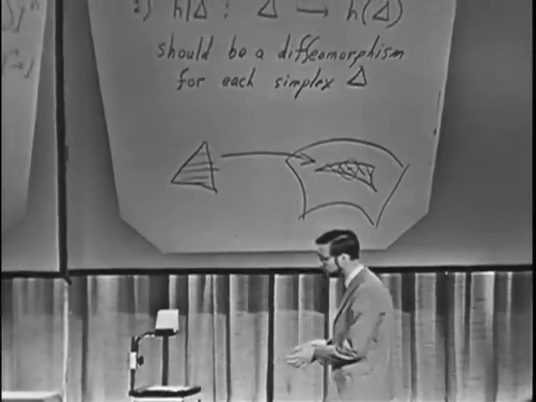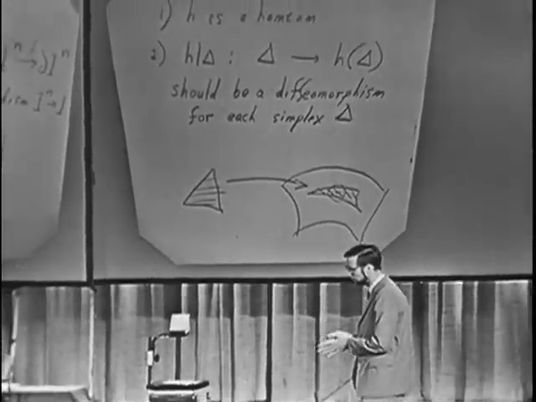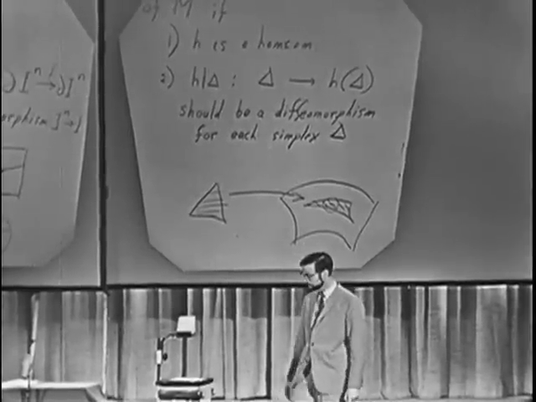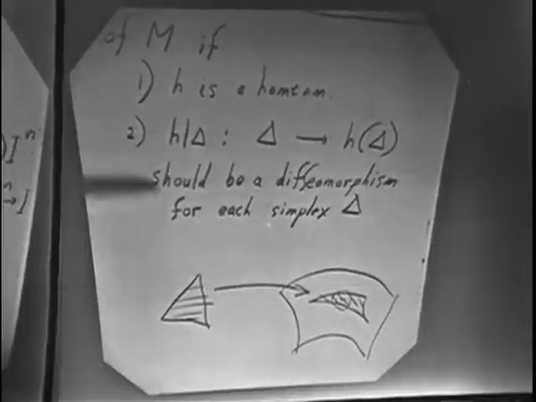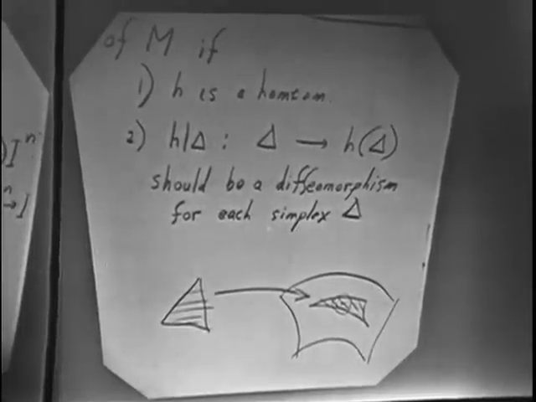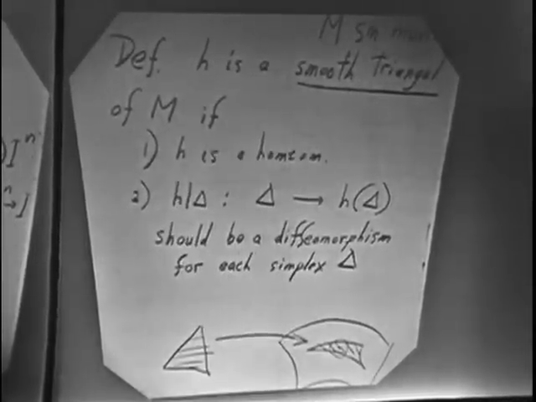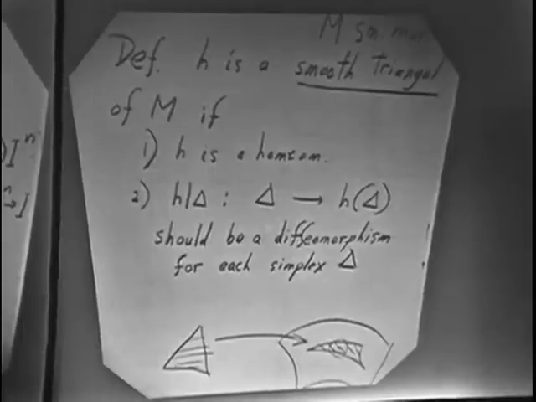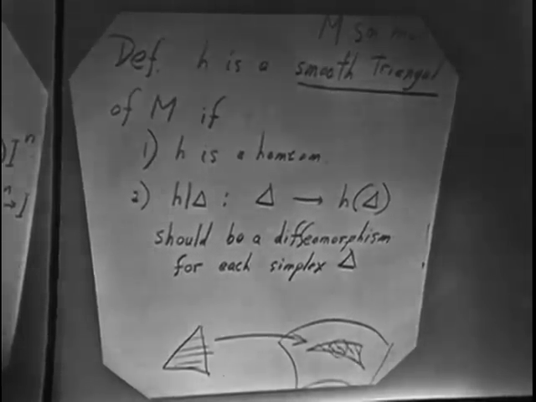Infinitely many continuous derivatives. So, in this way, we have the notion of a C1 triangulation. Or, I'm sorry, what I've defined is the notion of a smooth triangulation. Smooth meaning that we have infinitely many derivatives. Whitehead actually worked originally with mappings having only one continuous derivative, hence the name C1 triangulation.